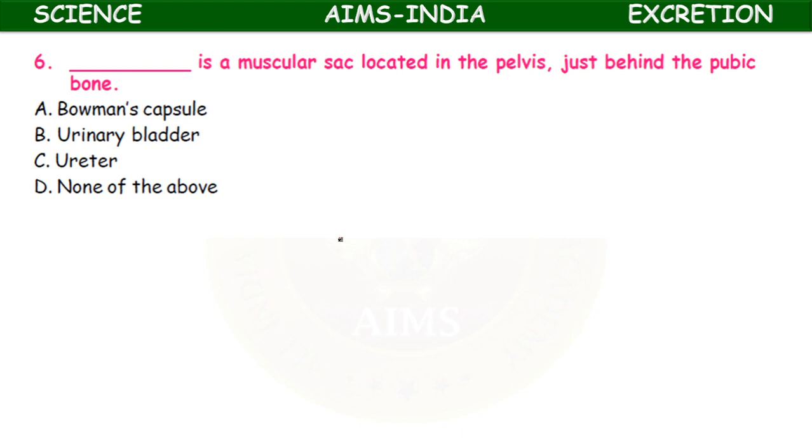Dash is a muscular sac located in the pelvis, just behind the pubic bone. Bowman's capsule, urinary bladder, ureter, none of the above. It is the muscular sac. It is urinary bladder.